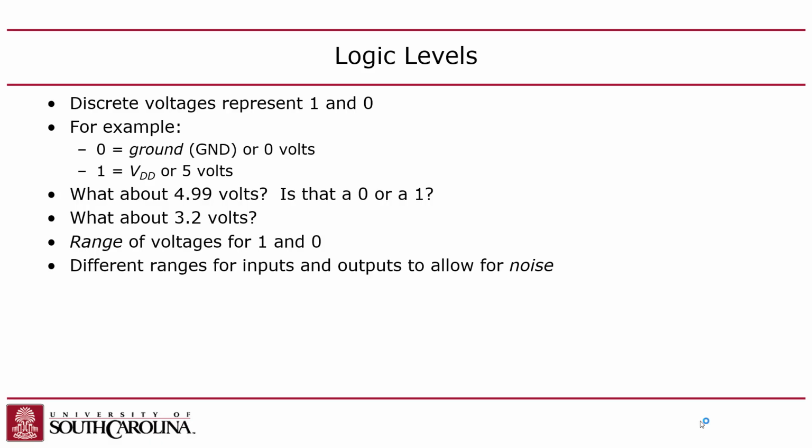In fact, current mode logic has some advantages over voltage mode, but the big advantage that voltage mode has is power efficiency, or energy efficiency. So in voltage mode, you basically have voltages that represent 0 and 1, the digital signal values.